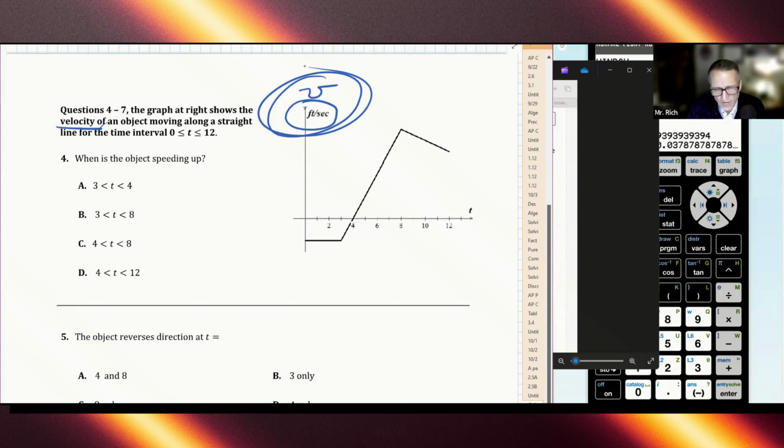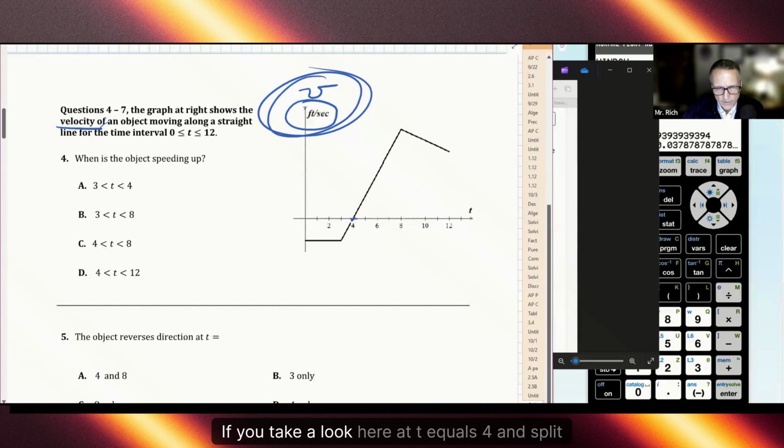Well, the object is going to be speeding up when the acceleration and the velocity have the same sign. I can tell here that if you take a look at t equals 4 and split the graph right here, this is where velocity is negative because the function is below the x-axis.